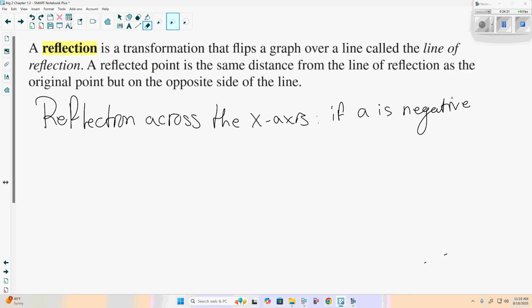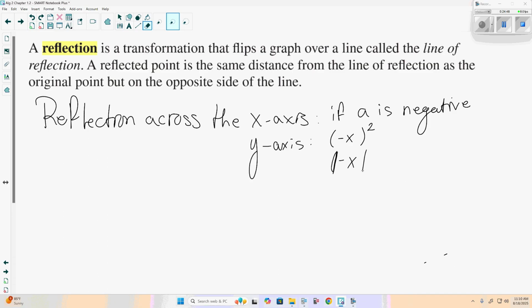Now a good question is, is there a reflection across the y-axis? And there is. We're not going to really look at it today, but it's going to be inside those absolute value bars, inside those parentheses, in front of the x. So we call it b, but it's really going to be inside the parentheses, in front of that variable.